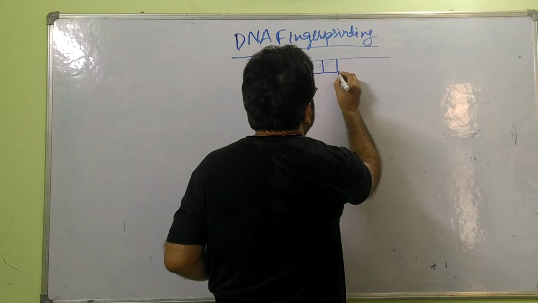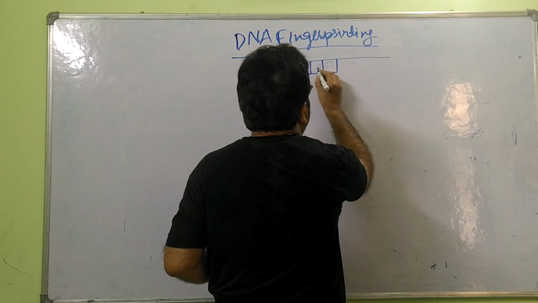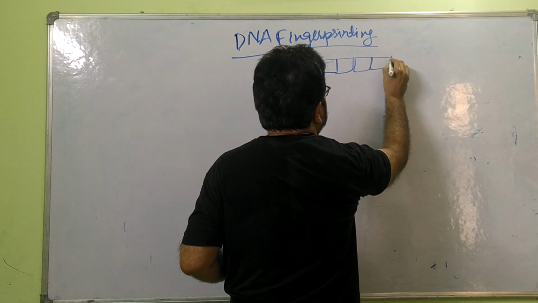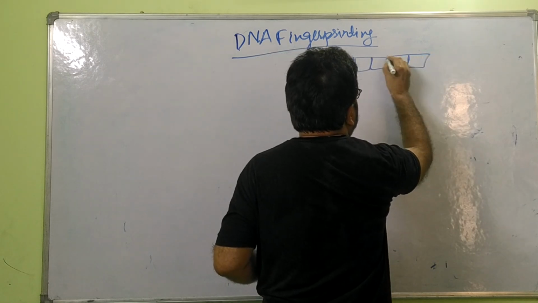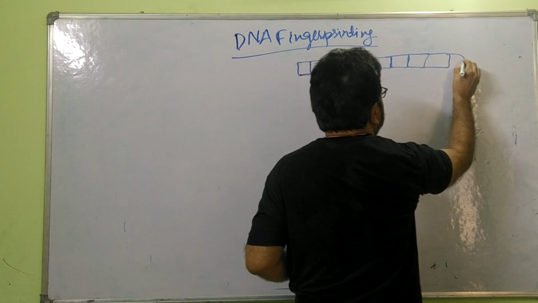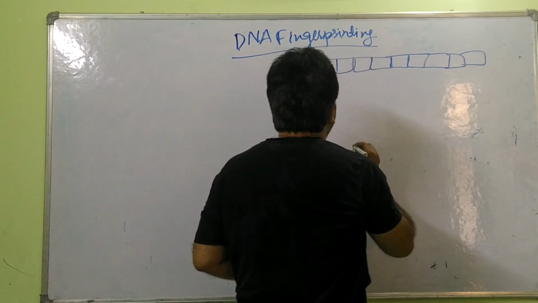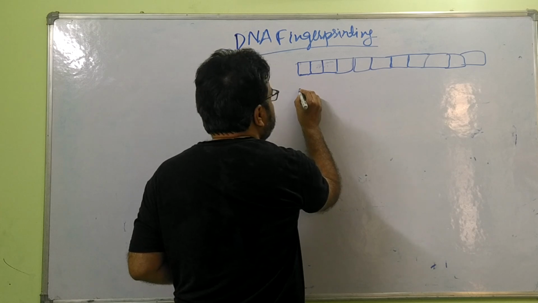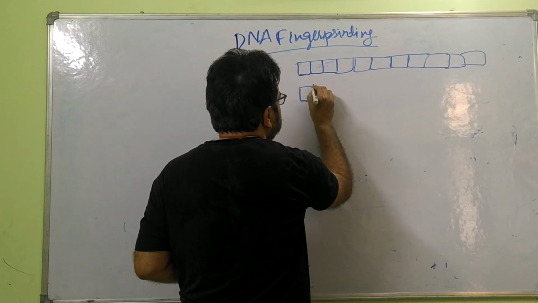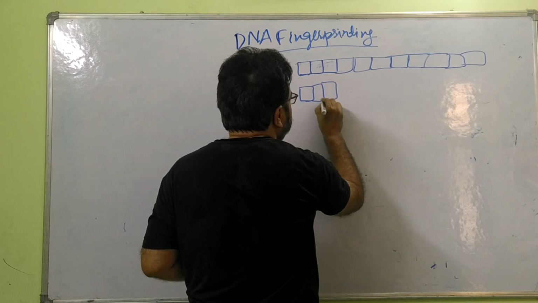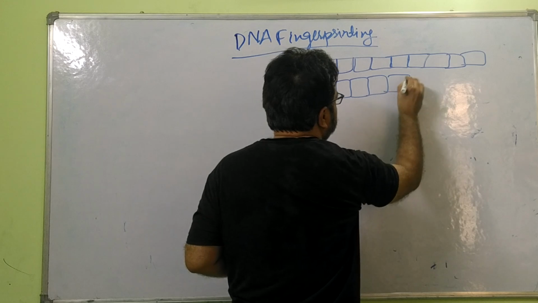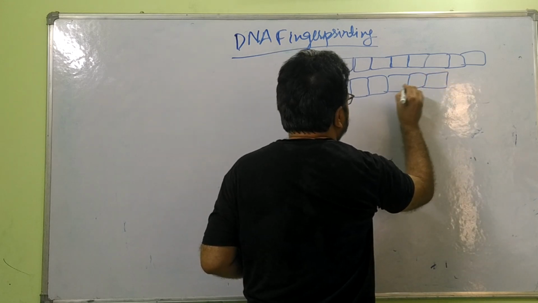For example, here it is 11 repetitions. 1, 2, 3, 4, 5, 6, 7, 8, 9, 10 and 11. And now the second one, the second allele is here, which is having repetitions 9. 1, 2, 3, 4, 5, 6, 7, 8, 9 repetitions.